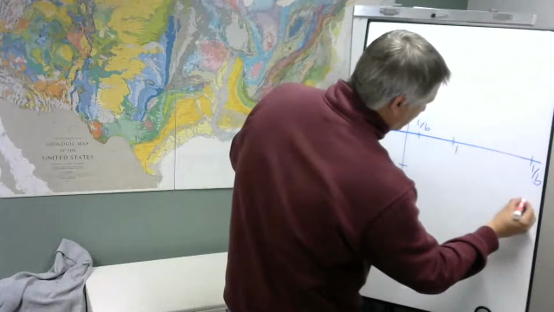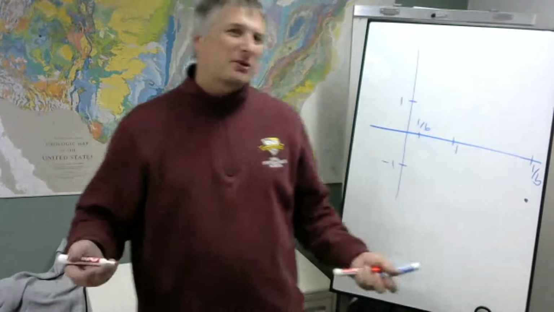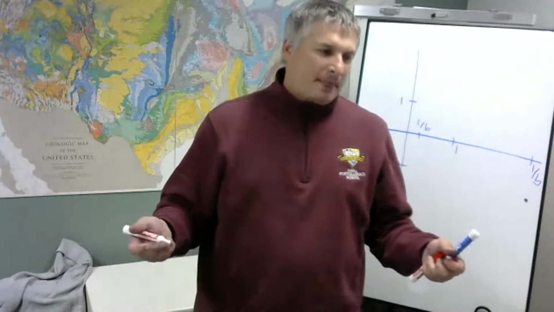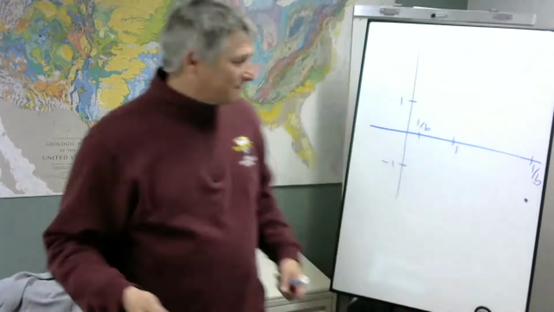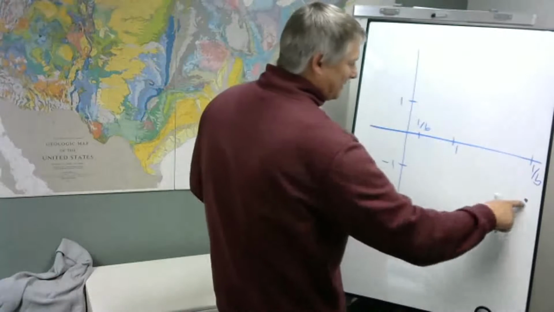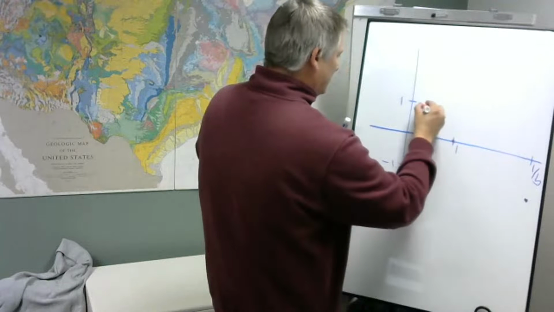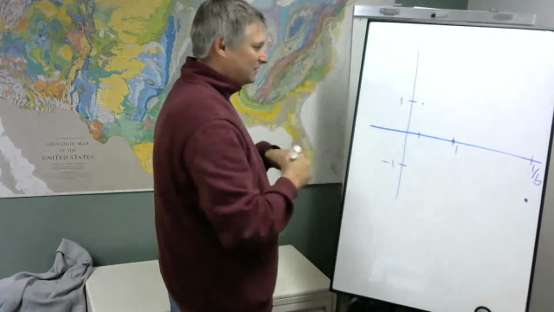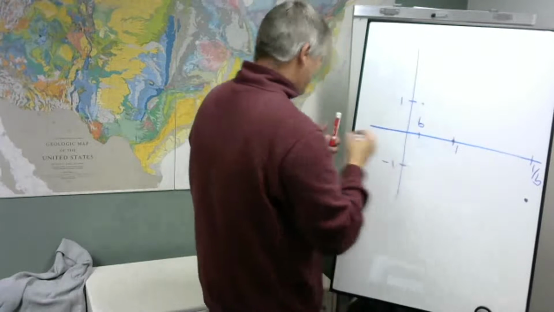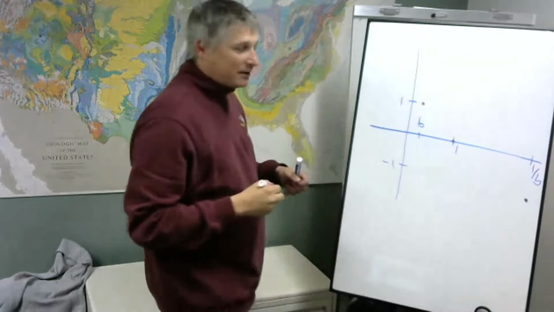So -1 and 1 over b. Remember, b is now like a half or a third. So 1 over b, that's like dividing 1 by a half or dividing 1 by 1/3. We always pass through here, 1 and 0, and then b and 1 is going to be right here.